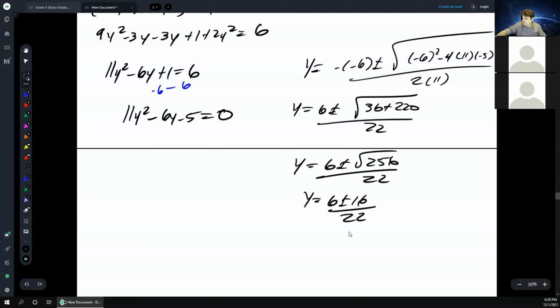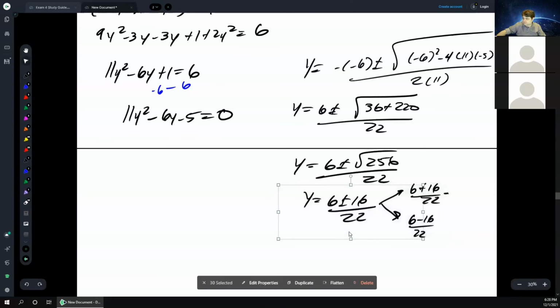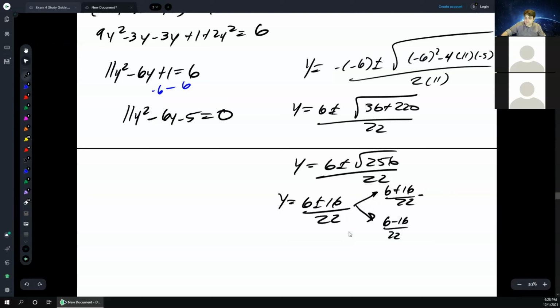Okay, so from here, we're just going to split this up. 6 plus 16 over 22, 6 minus 16 over 22. 6 plus 16 is 22 over 22, so that gives us our first answer, a positive 1. 6 minus 16 gives us negative 10 over 22.